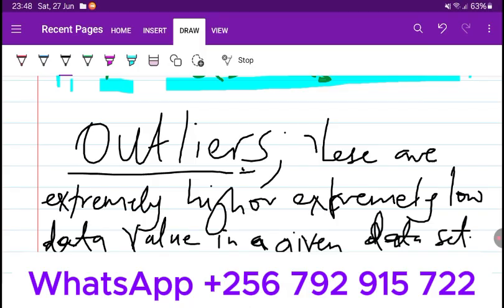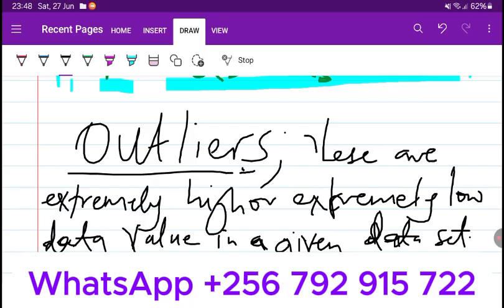And an outlier is just a data entry that is far removed from the other entries in the data set. It is either going to be too small to be compared to other data values, or too big. So they are a distance away from the rest of the values in the data set.